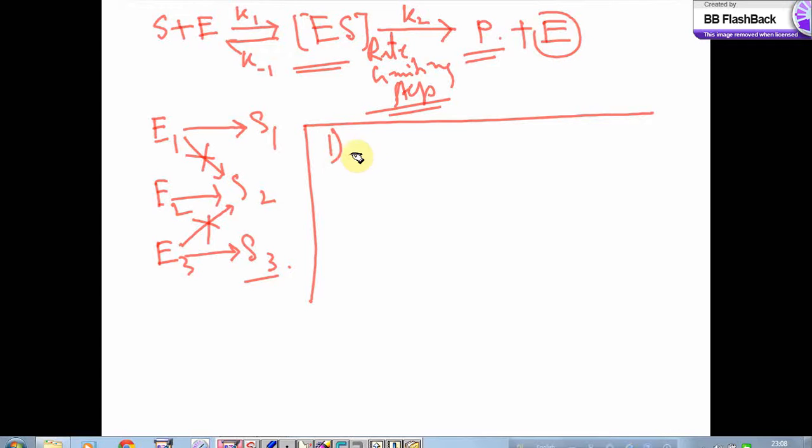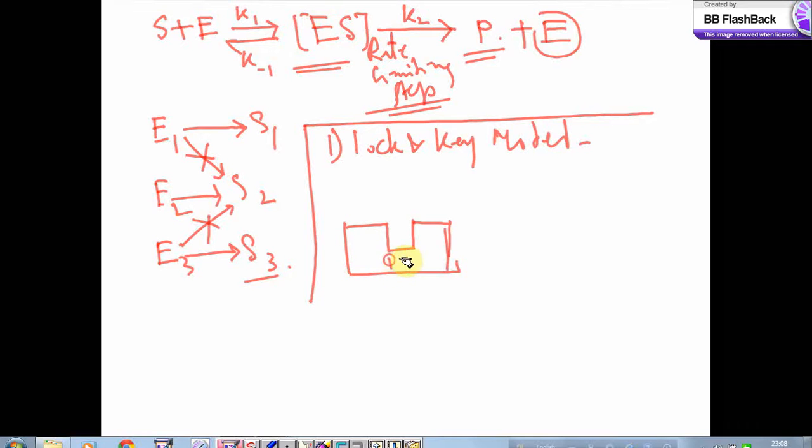One is the lock and key model, which states that suppose this is my enzyme, and this is my substrate, the substrate that perfectly fits at the active site of the enzyme will come immediately and form the ES complex.